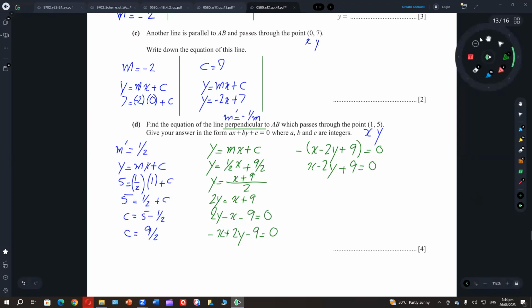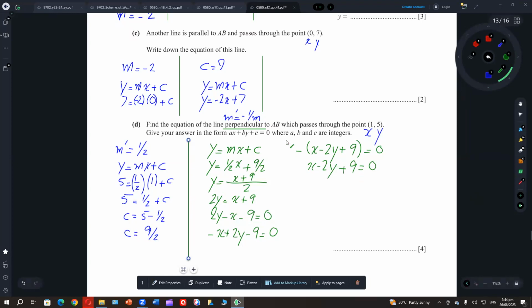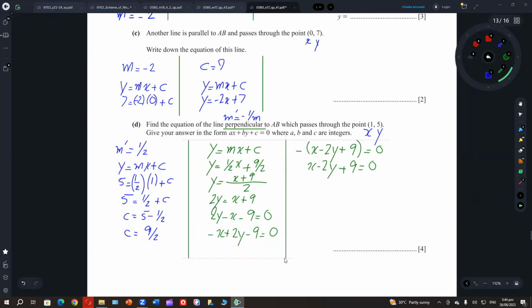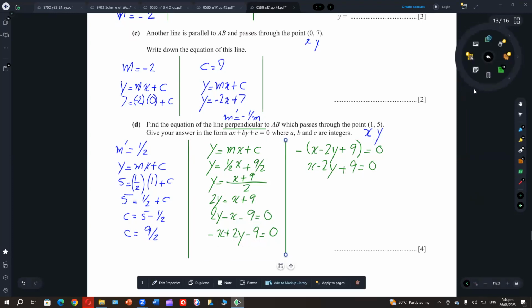This is an example of rearrangement. Look at this working.